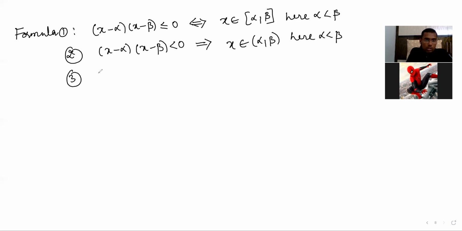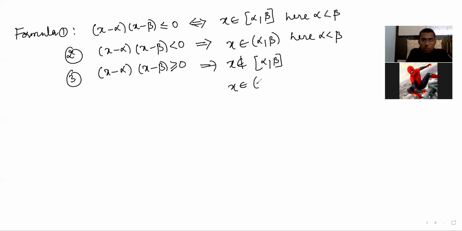Okay, next. Number 3: (x minus alpha) into (x minus beta) greater than or equal to 0 implies x does not lie between alpha and beta. Does not lie between alpha and beta means x belongs to minus infinity to alpha, closed bracket because alpha and beta are included, union beta to infinity.